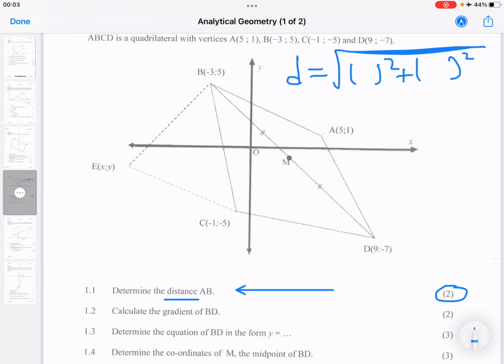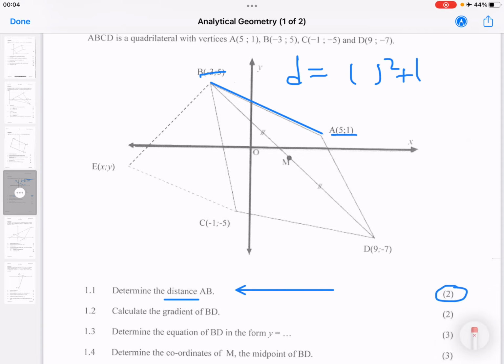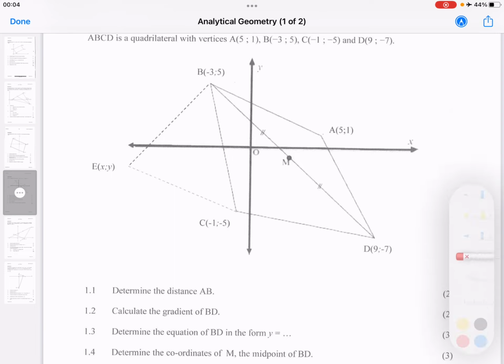So easy, you just need to know where is point A, there is point A, and where is point B, there is point B. So that means this is the distance that you would have calculated after substituting those points. Then you score yourself 2 marks for that question. I think it was a straightforward question, easy 2 marks. So now let's try to move on to the next question.